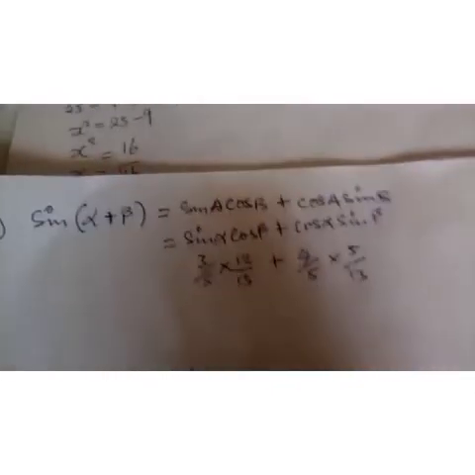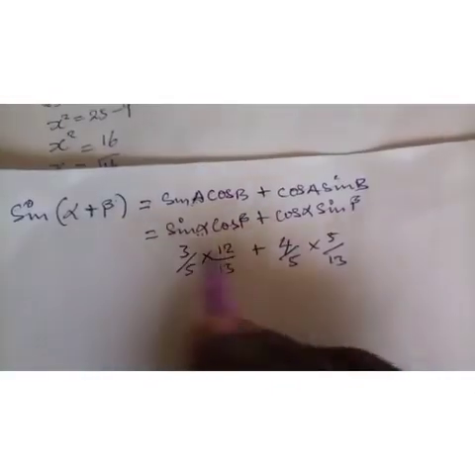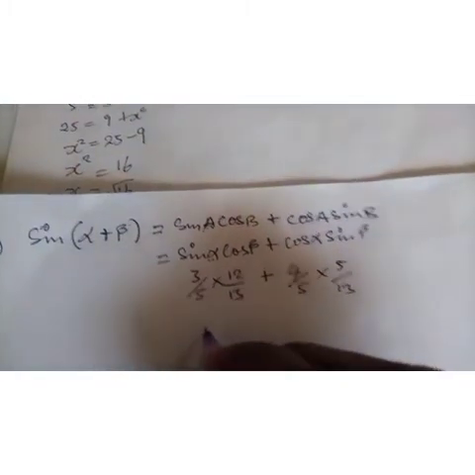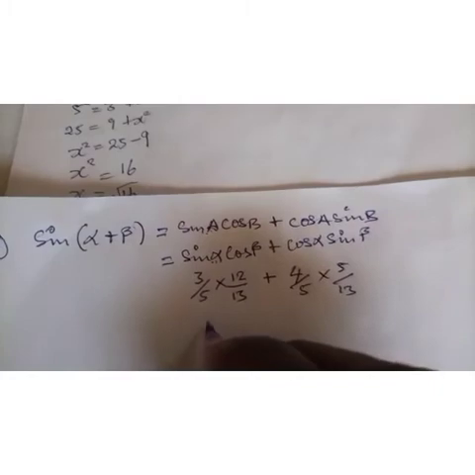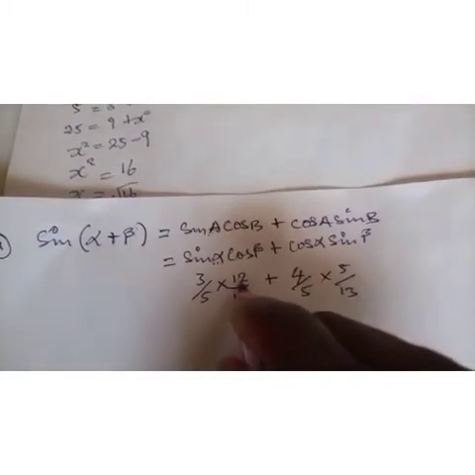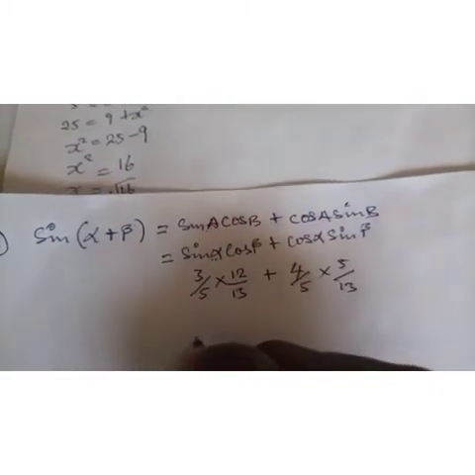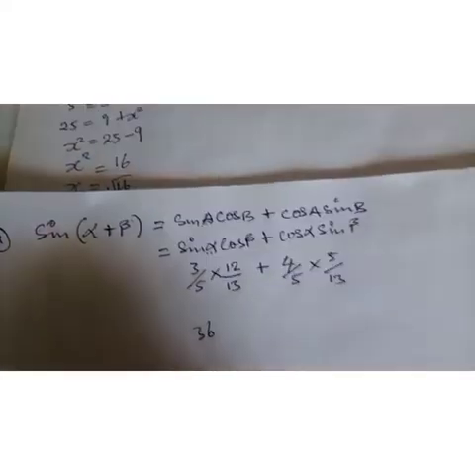So when you multiply this, 3 times 12 gives you 36. Am I right? 3 times 2 is 6, and it will be 36.